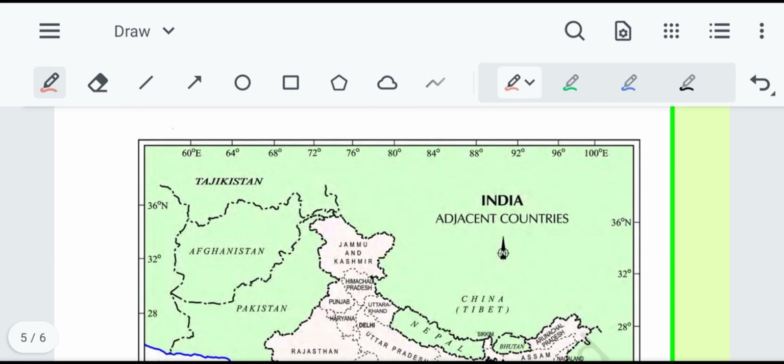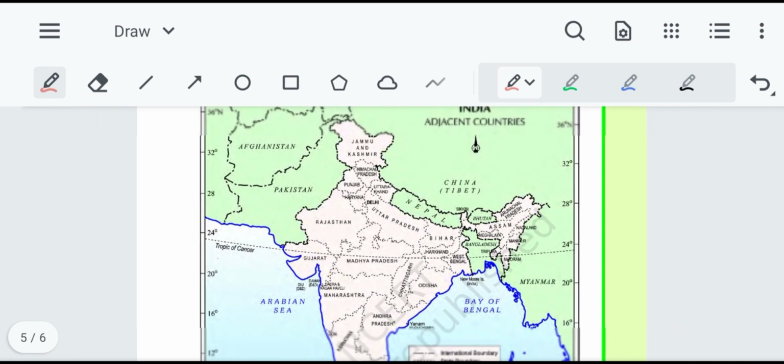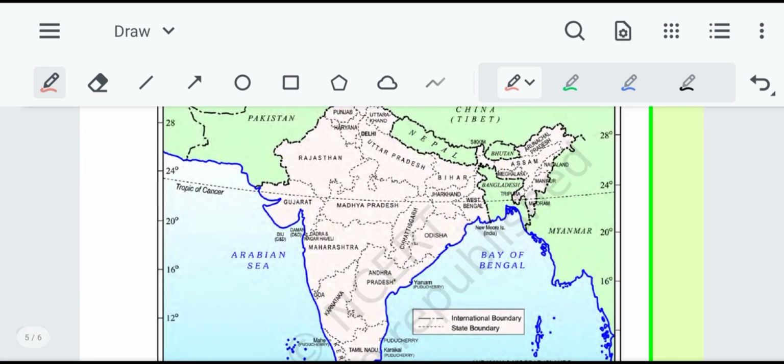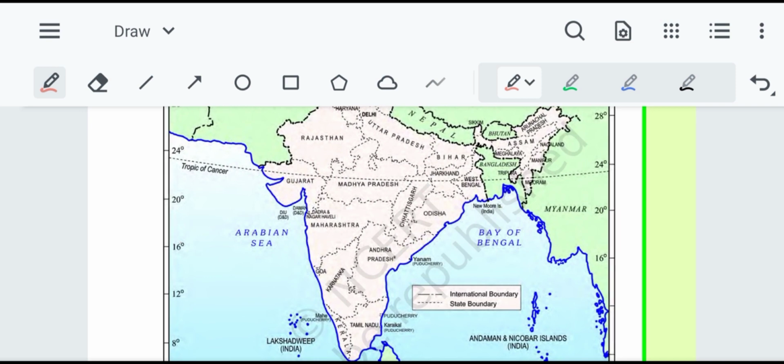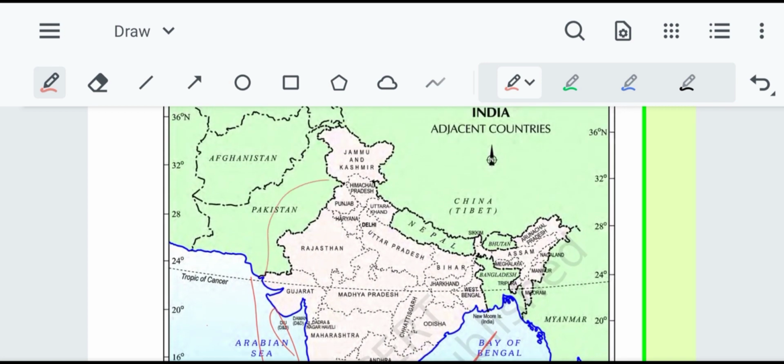So after it we come to the map of India, and in this map, with respect to this chapter, the important thing is the coastal border of India, which is almost 7516.6 kilometers, and the land boundary of India, which is almost 15,200 kilometers.